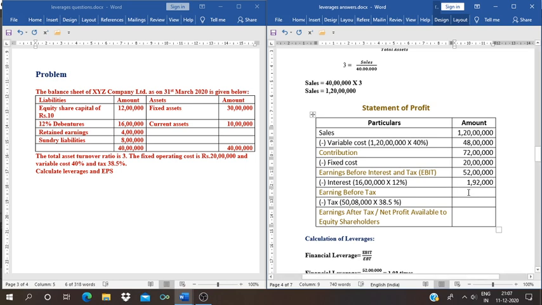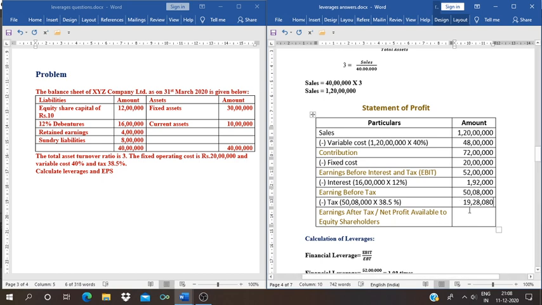Now we get earnings before tax of 50 lakh 8,000, and the tax rate is given as 38.5%. So 50 lakh 8,000 into 38.5% gives 19 lakh 28,080.